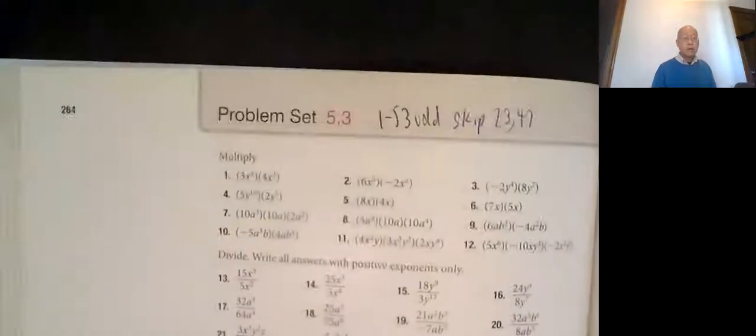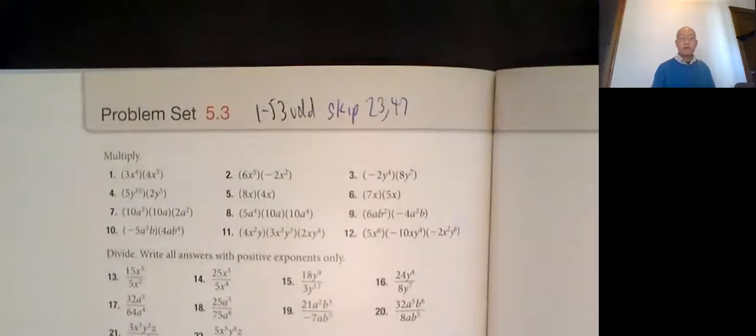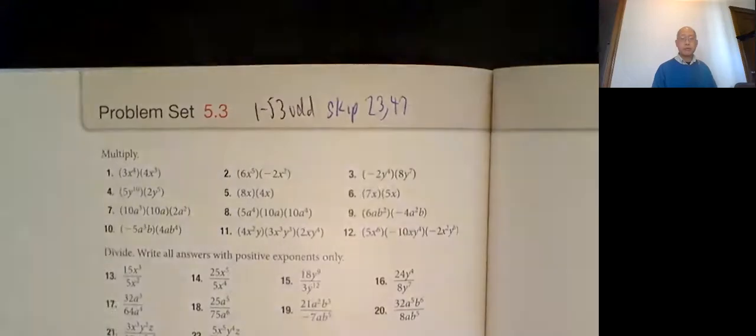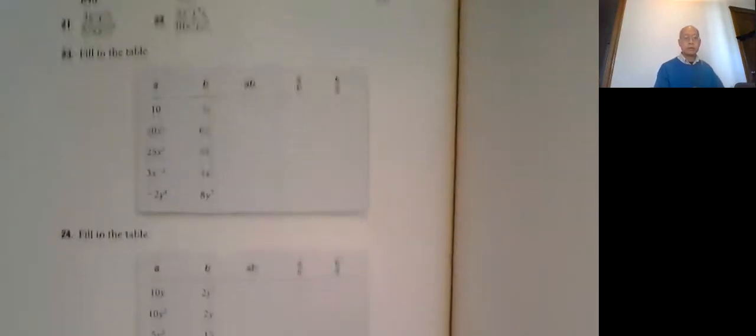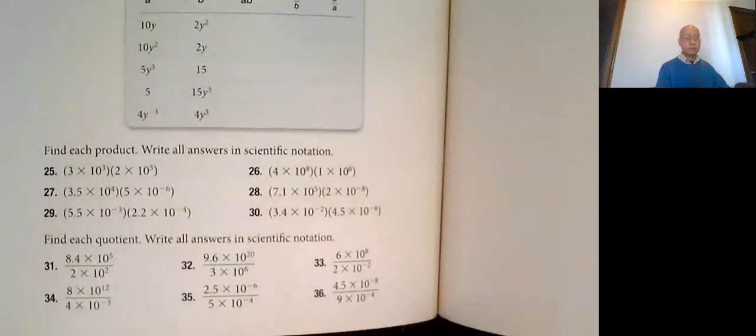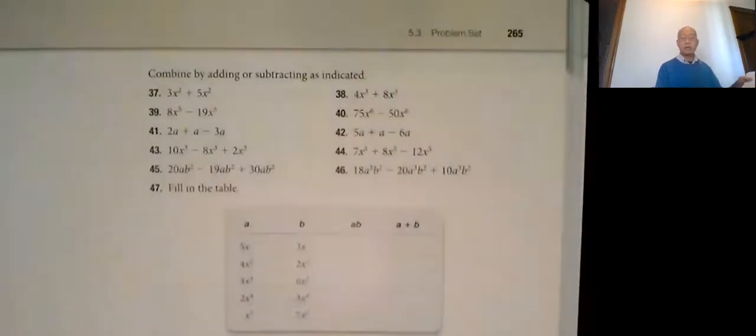Okay, 5.3, page 264, 1 to 53 odd, except skip 23 and 47. Some more. Bottom. Next page.